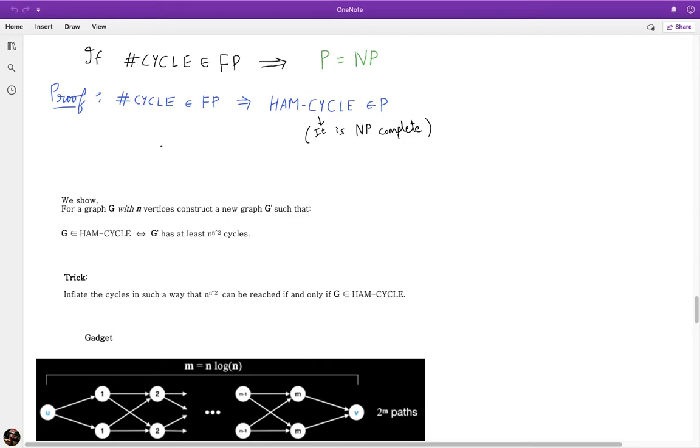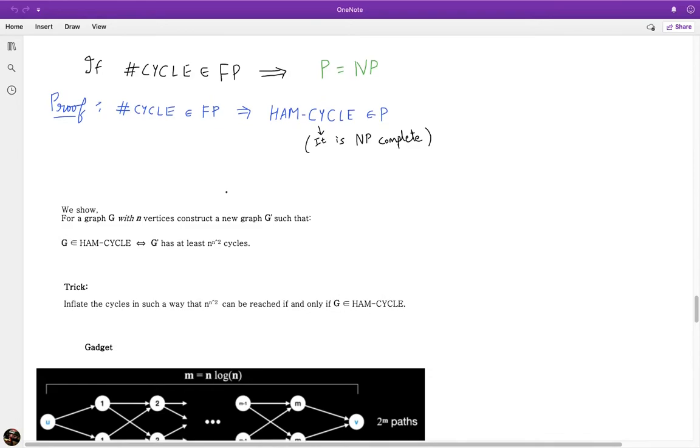So if HashCycle belongs to FP, a function polynomial class, this implies that Ham cycle belongs to P, and we know Ham cycle is an NP complete problem.